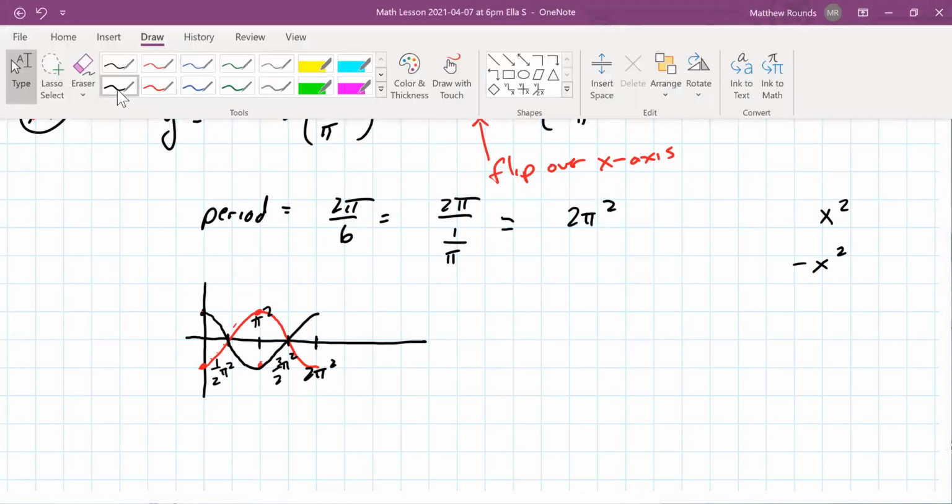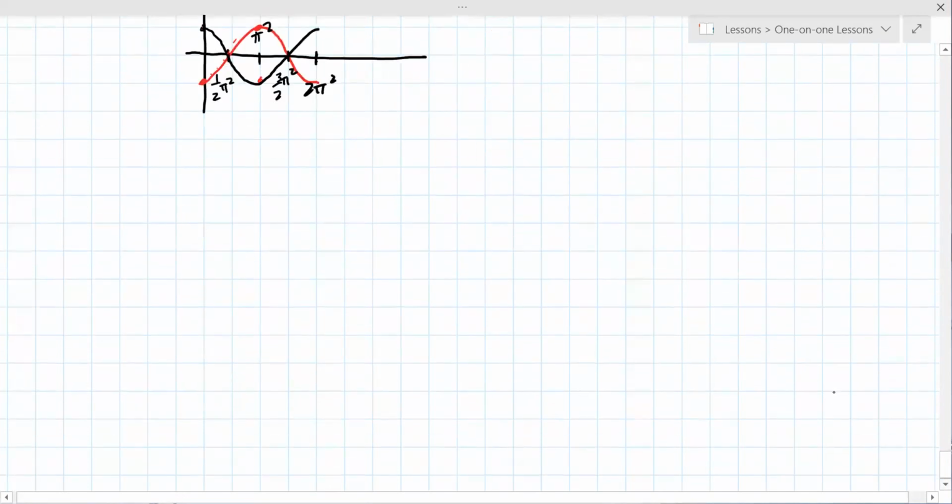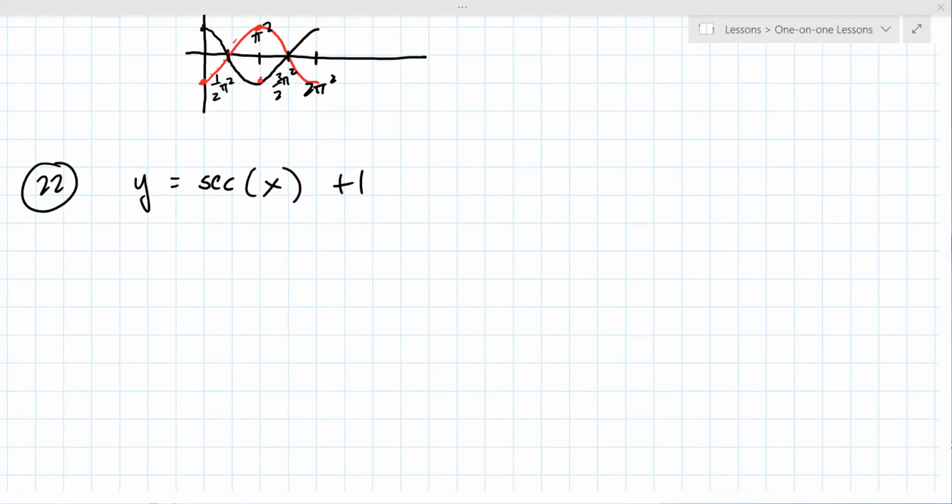All right. So the next one we're going to do here is secant, because secant is related to cosine. All of these could be graphed on Desmos, and if you don't have a theta button on there, you just type in x instead if you were to get that on a test.